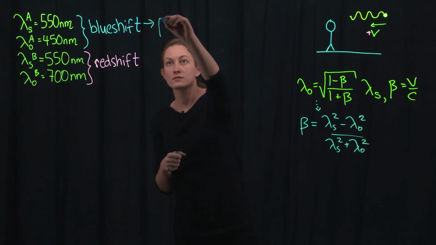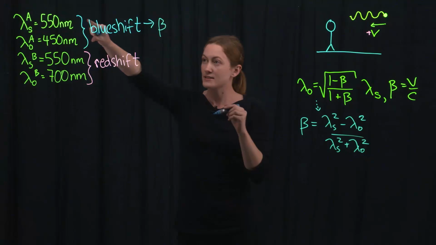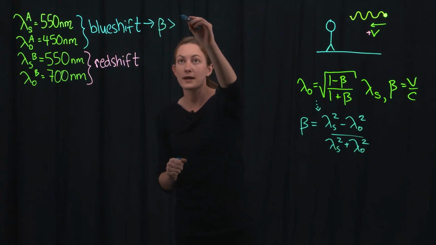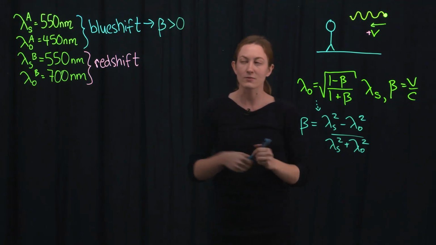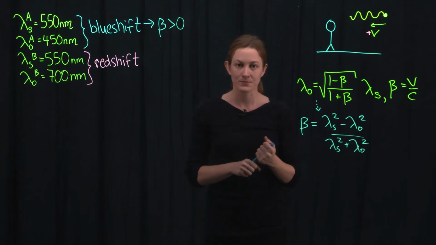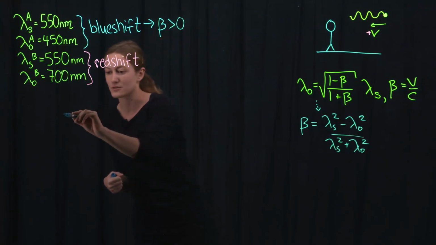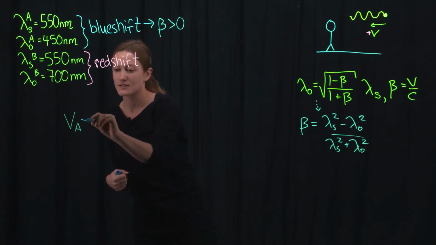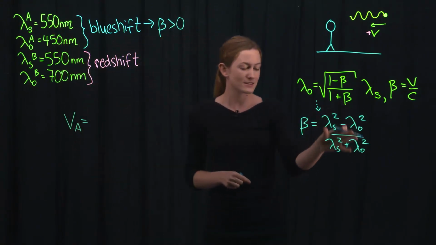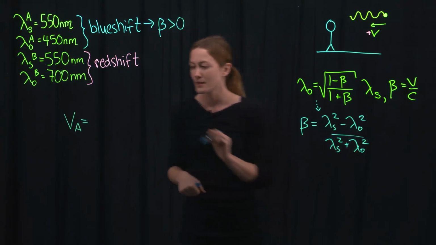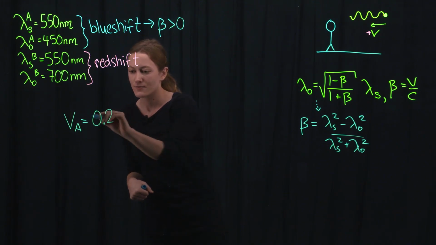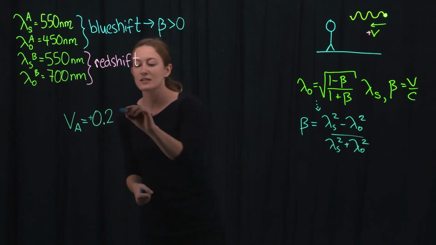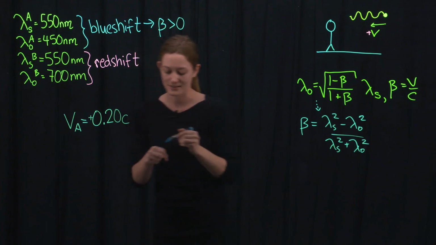So for galaxy A, which is blue shifted, beta, or the relative velocity, is greater than 0, and we can conclude it's coming towards us. The velocity at which it's coming towards us is given by plugging these wavelengths into our formula for beta, and doing so, we would find that the velocity is plus 0.20c.